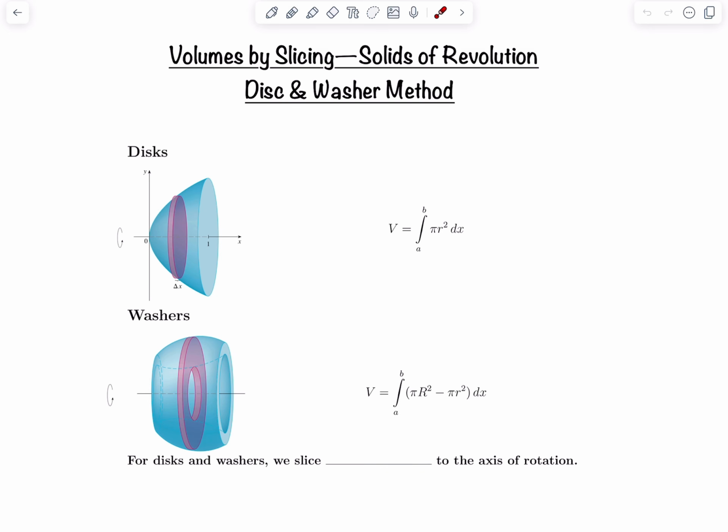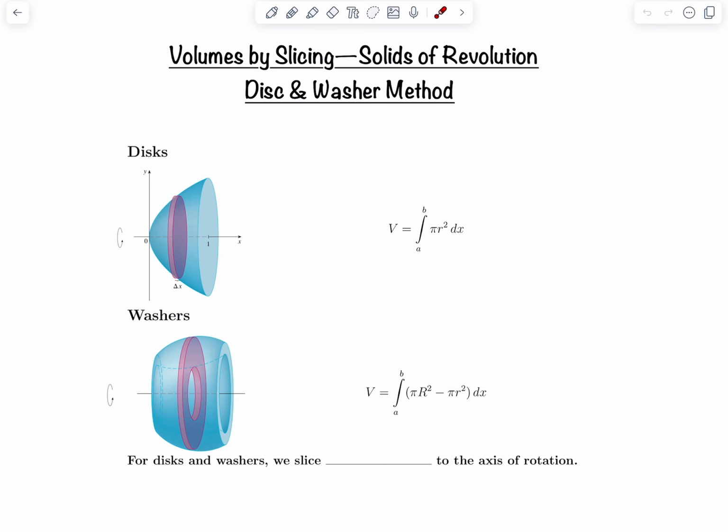I know. So in all of these problems, you're going to be given some region in 2D and then told to spin it around either a horizontal or a vertical line. And as you can see here in this first case, we have a solid with no holes in the middle. So when we slice this solid, each of the slices looks like a disc.